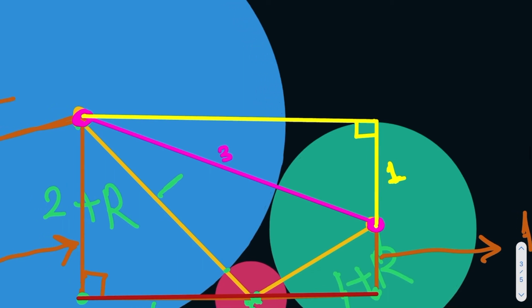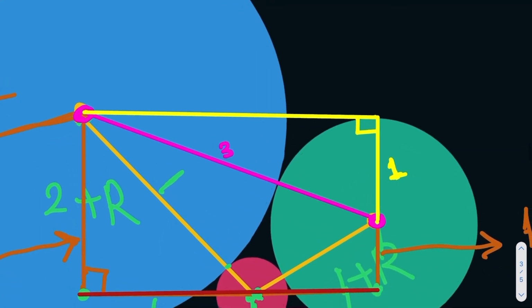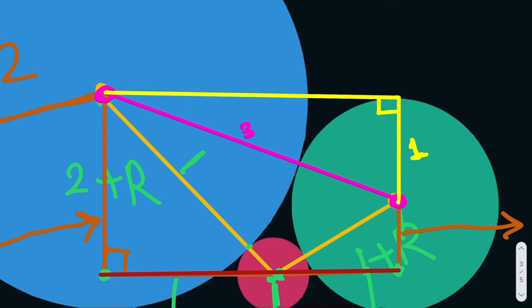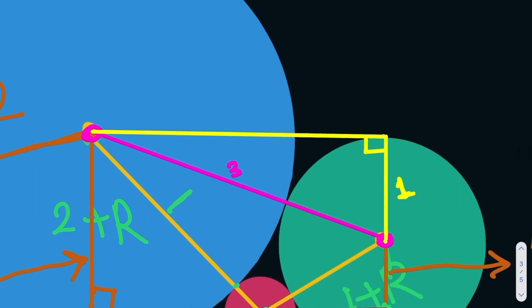Because the radius of this green circle is half of the blue circle, the diameter of the green circle is equal to the radius of the blue circle. That's why if I draw the tangent line from the upper part of this green circle to the center of the blue circle, it will be 100% horizontal. And then I can get the right triangle here, 90 degrees.